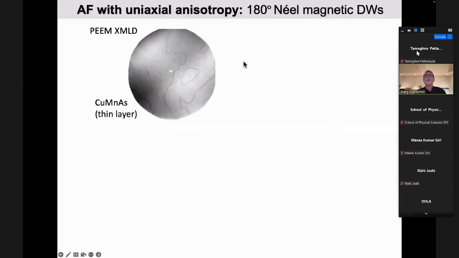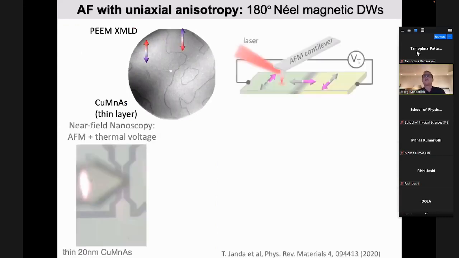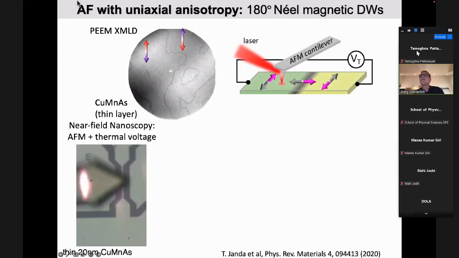Well, what we did was, so you have 2 antiferromagnetic domains and the domain wall between. We developed a new method, which is also based on magnetotransport, but in the thermal regime, where we use a near-field scattering microscope.